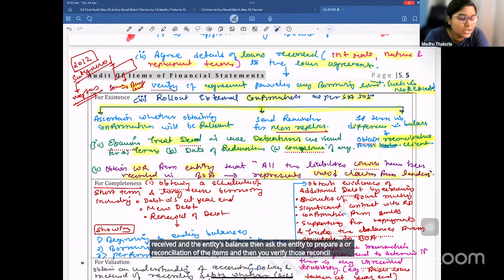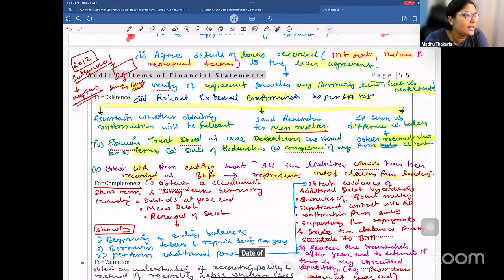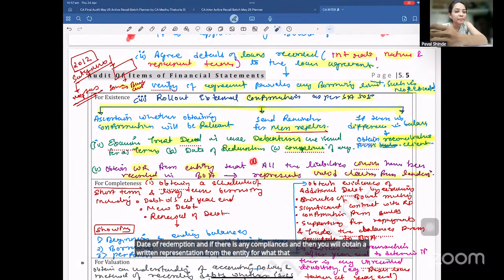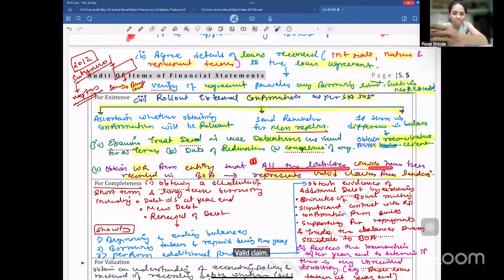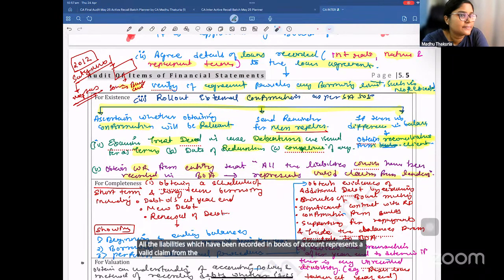In case of debentures, you will examine the trust deed for the terms, date of redemption and any compliances, and then obtain a written representation from the entity that all the liabilities recorded in the books of account represent a valid claim from the lenders.